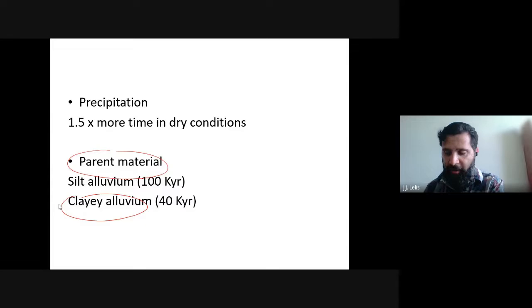But if you find some material that's formed on felsic rock, like a granite, or it's formed in a silty alluvium or sandy alluvium, a material that doesn't have a lot of clay, you spend more time to produce an argic horizon. Okay.